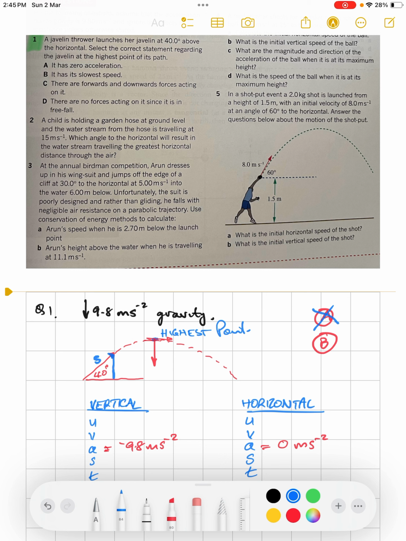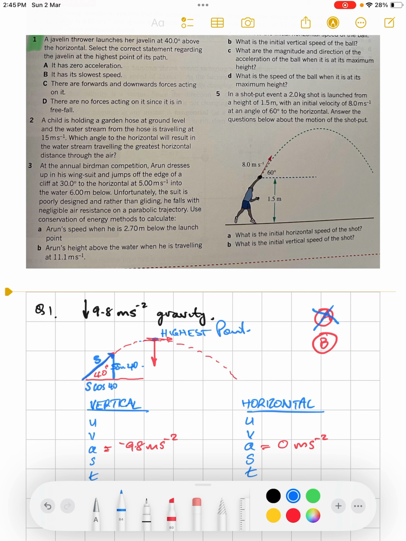Now S is a combination of S cos 40 and S sin 40, and S could be whatever its speed was when it took off.